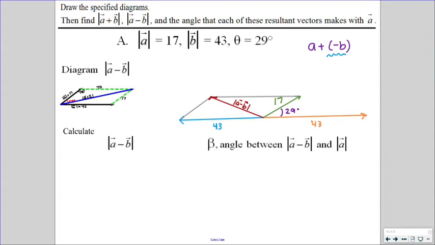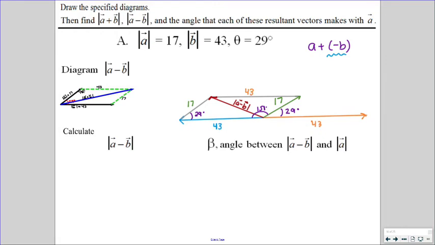So it's a little bit tricky. Okay, well, we know something about this angle because this angle plus 29 degrees is 180. So this is 151. And then again, this is a parallelogram, which means those two inner angles in the corners add to 180, so this also must be 29. I know that the opposite sides of parallelograms are equal to one another, so I can fill that in as well.